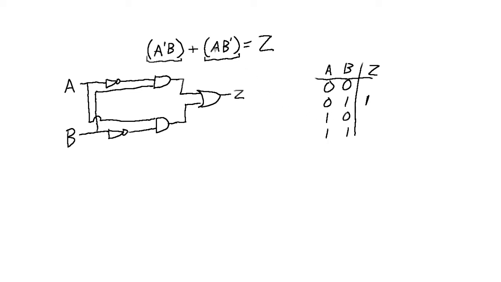Now let's look at this next guy here. We've got A is a 1, B is a 0 in order for this AND gate to be a 1. So A has to be a 1, right? So we've got a 1 here. And B has to be 0 because as this 0 goes through this inverter, it turns into a 1. And we've got two 1s at this AND gate.